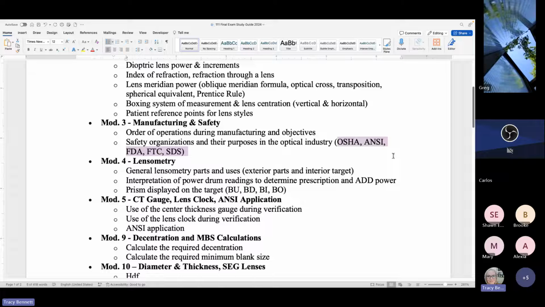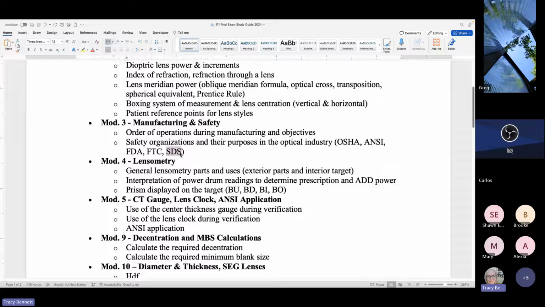But the FTC established the eyeglass or prescription release rule, which states that when someone has an eye exam, they have to be given a copy of their prescription without asking for it or any of that. So that's the importance of that.